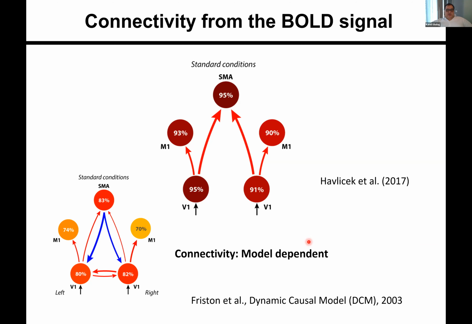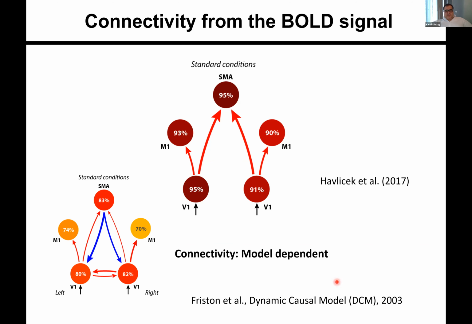And actually, Karl Friston is a co-author on our papers, and he agrees with our statement that our physiological assumptions are more appropriate for fMRI data than their original paper from 2003.